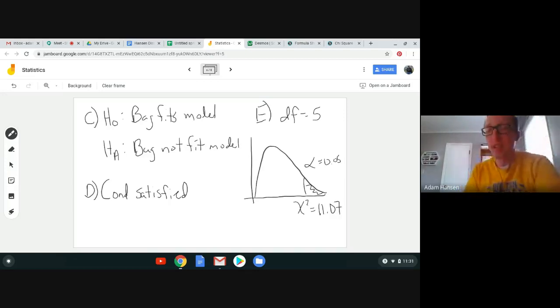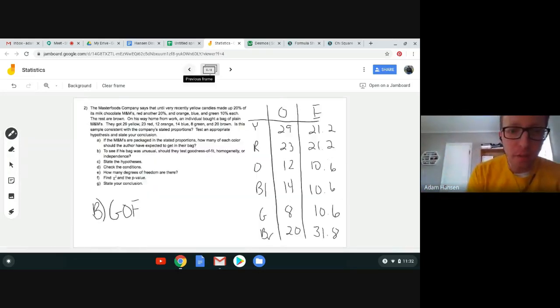So if our test statistic is greater than 11.07, we have significant results, and there is in our bag a different distribution than the one we're given. Okay, let's see. I think we have F and G. Find the chi-square and p-value and state your conclusion.